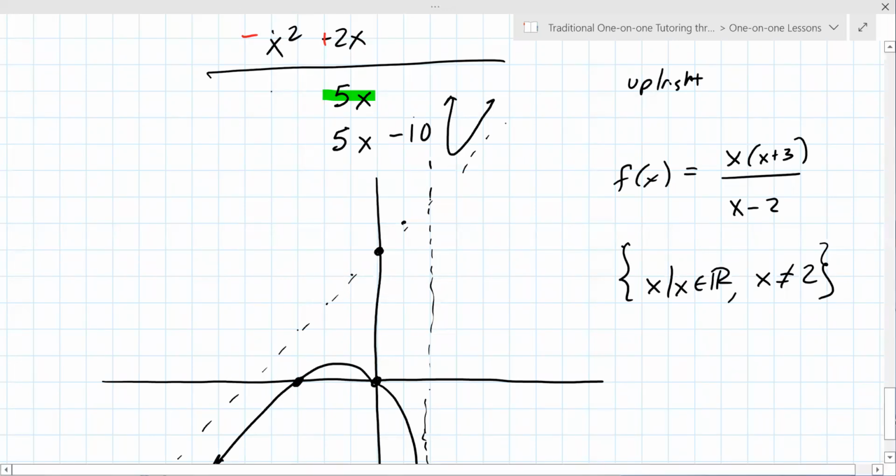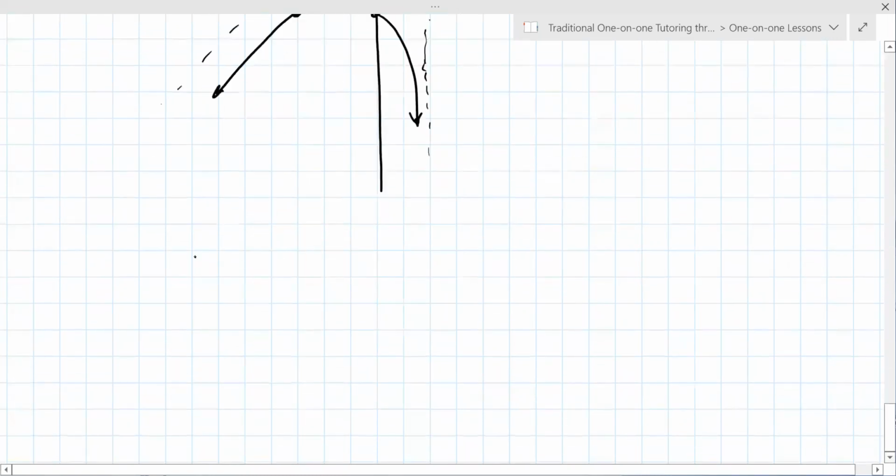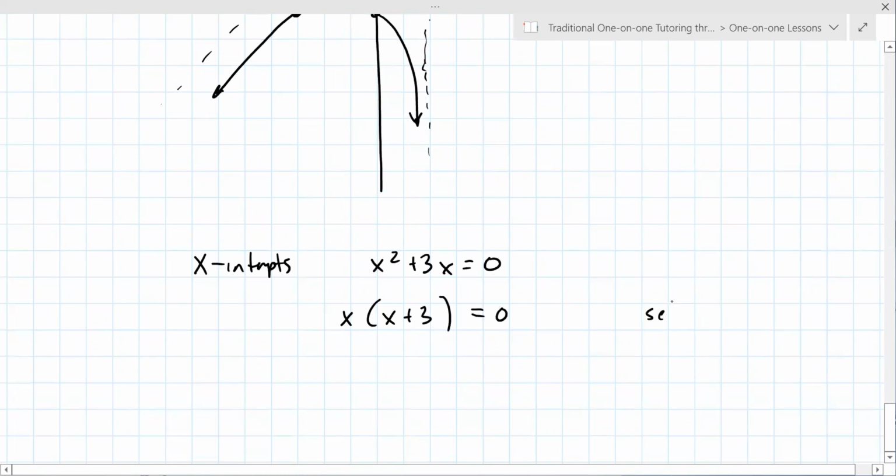Now for x-intercepts, kind of our last thing here. I already did it on the graph, but you're setting the numerator equal to 0, and you had already factored this, which was great. That's exactly what you need to do. But you have to set each factor equal to 0. So that means setting x equal to 0 and x plus 3 equal to 0.